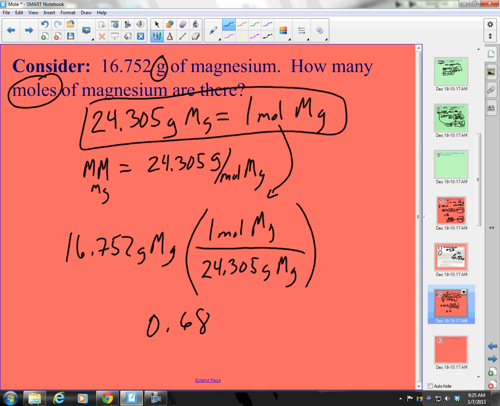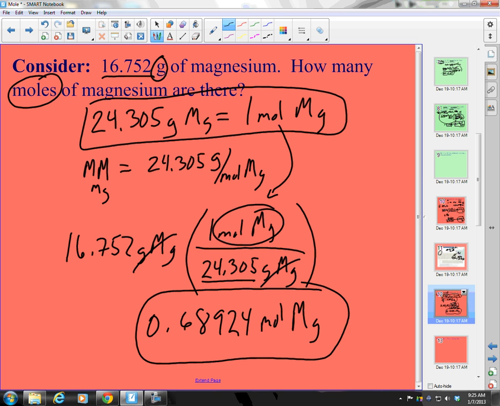How many sig figs? I get 5 here, and I have 5, so I have to have 5 sig figs. Holy cow. 0.68924. What are my units? Grams of magnesium cancel. What am I left with? Moles of magnesium. Yoo-hoo! 0.68924 moles of magnesium. Excellent.